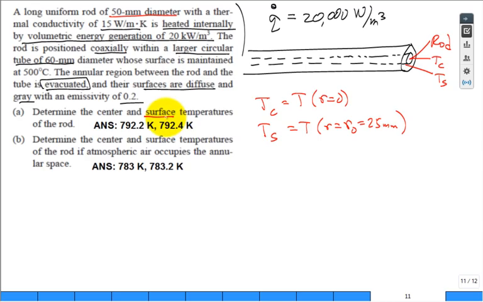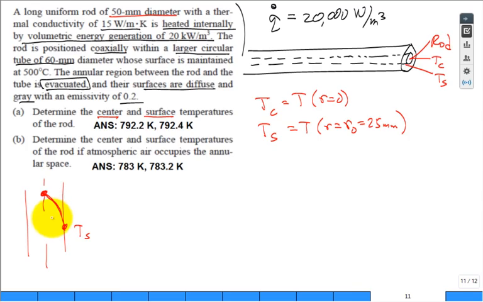Okay. Well, two temperatures to solve. The surface temperature is solved by radiation. Then how do I get that center temperature? Go back to that previous chapter where you had this heat generation inside the rod and you had this distribution of temperature like that where you knew the Ts here and you're looking for T max.